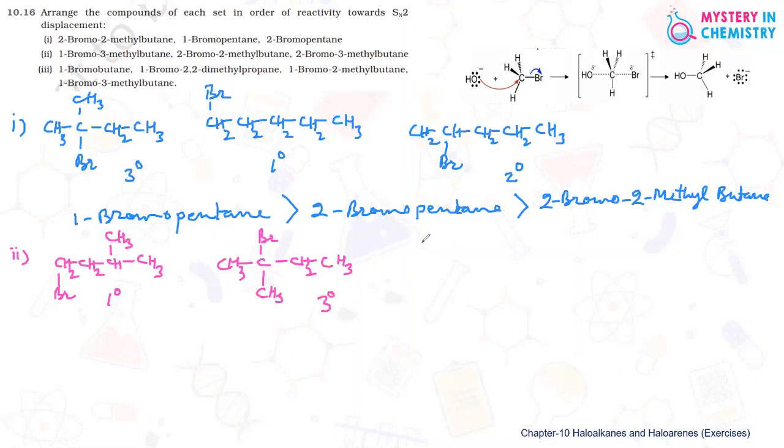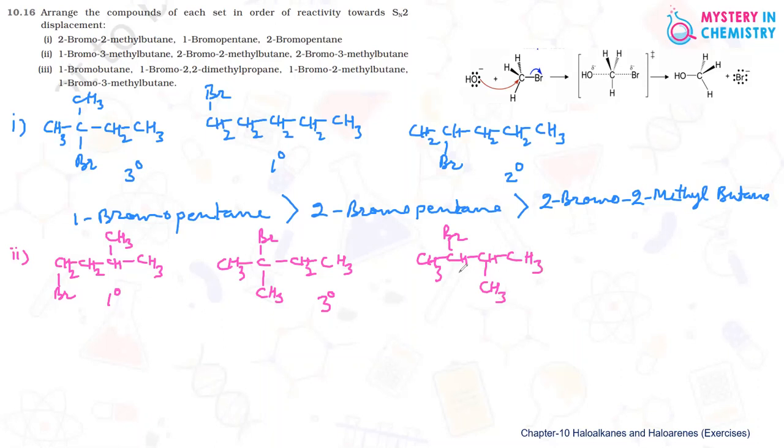Now come to the last one, 2-bromo-3-methyl, and it is butane again. So this is 1, 2, 3, 4 butane, 2-bromo-3-methyl. So second carbon is having bromine, and 3 methyl is here, and this is CH3, CH, CH, CH3.